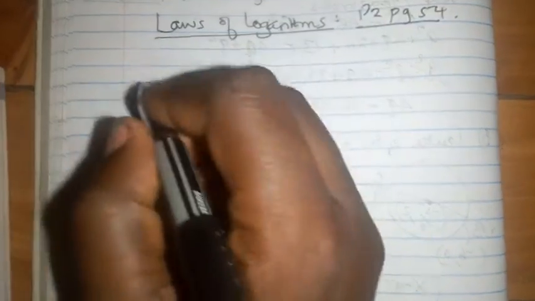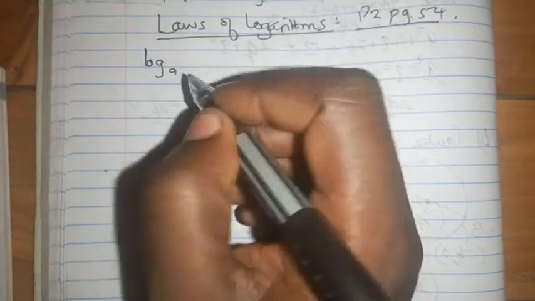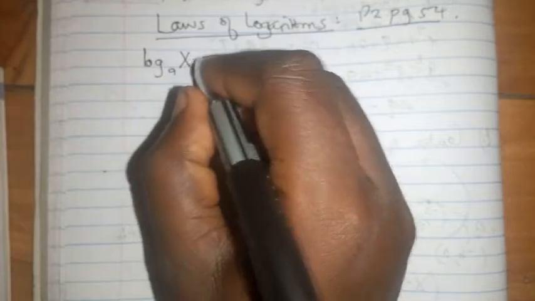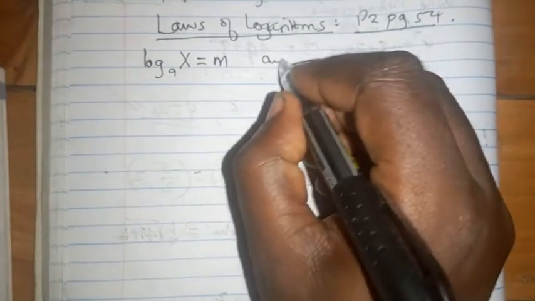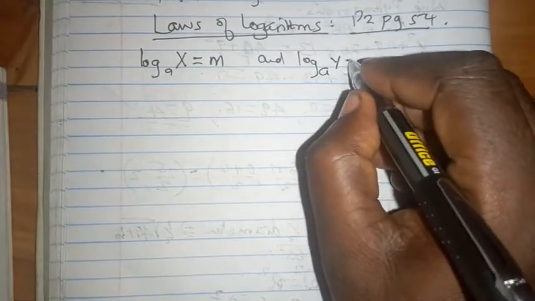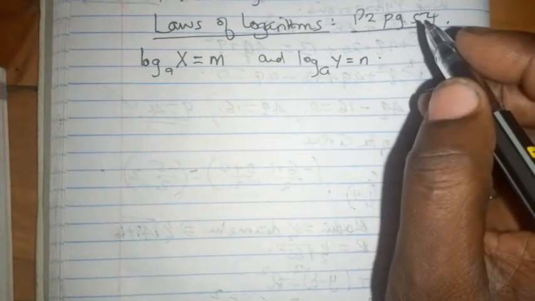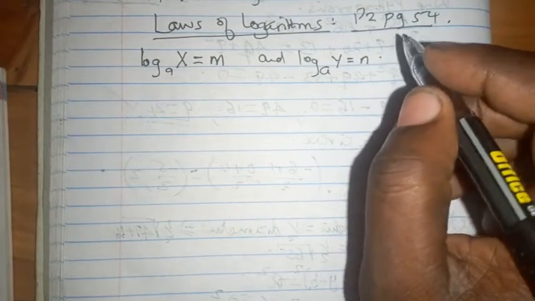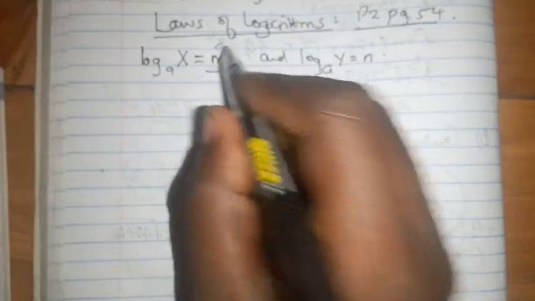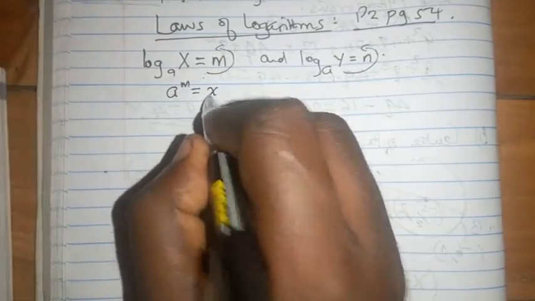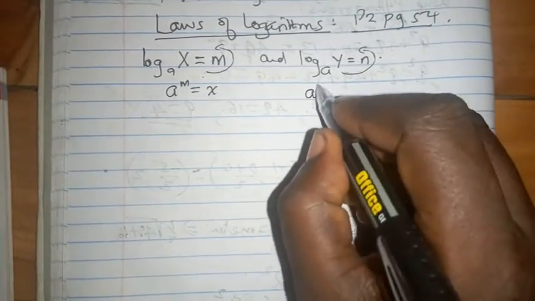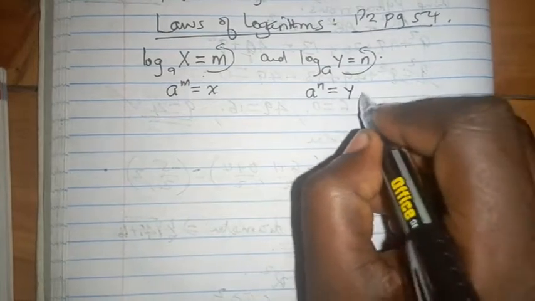If you have log to base a of x equals m, and log to base a of y equals n, then we can apply the anti-clockwise movement in both cases and see a raised to power m is equal to x and a raised to power n is equal to y.